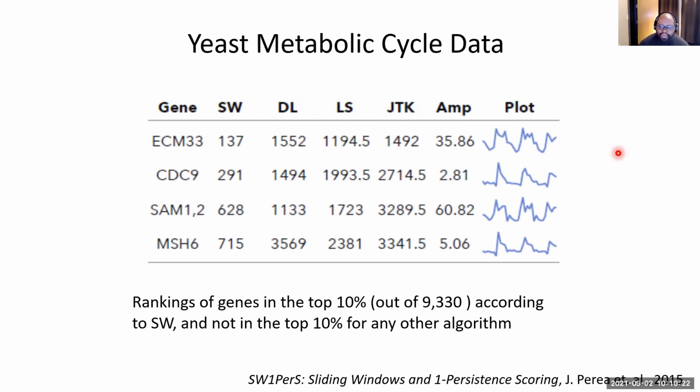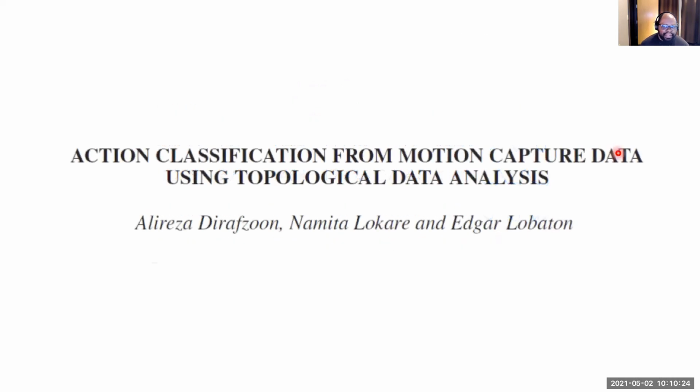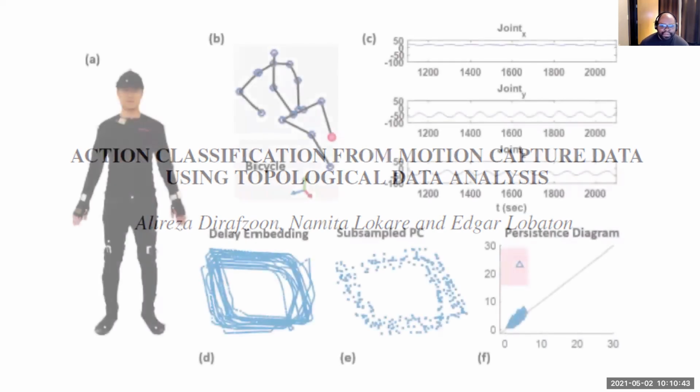It worked quite well. And then other scientists just took the idea and ran with it in very, very interesting applications. So for example, the people at Edgar Lobaton's lab in NC State took these similar ideas to do classification of movement using motion capture sensors. So here's the setup.